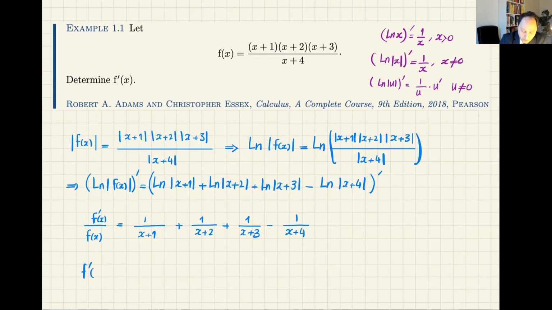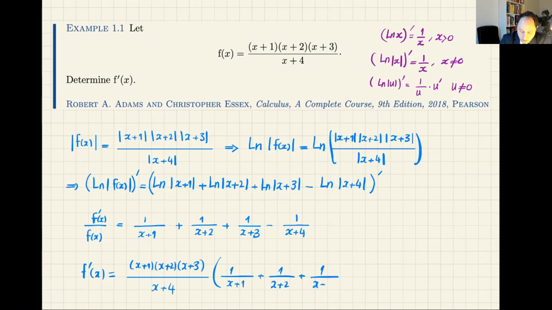So f prime of x becomes f of x, but f of x is given to me. x plus 1, x plus 2, x plus 3 divided by x plus 4 multiplied by this package: 1 over x plus 1, 1 over x plus 2, 1 over x plus 3 minus 1 over x plus 4. That's it. That's my derivative that I was looking for.